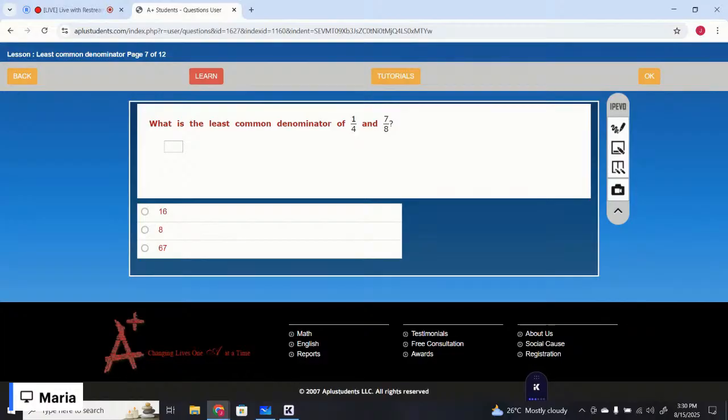What is the least common denominator of 1 by 4 and 7 by 8? Okay, you can complete the lesson by yourself later today.